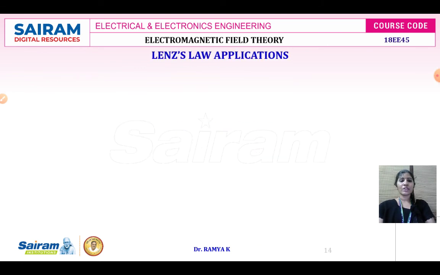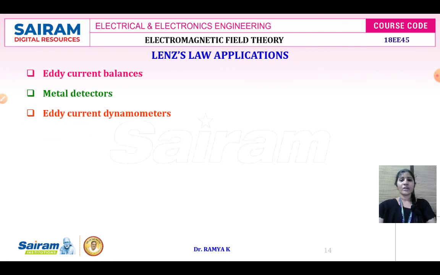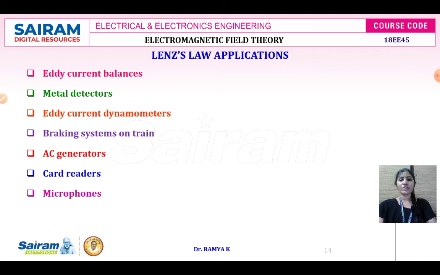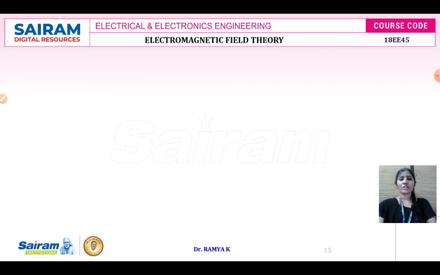Now we'll see some applications of Lenz's law. It is applied in eddy current balance, metal detector, eddy current dynamometer, braking systems on trains, AC generator, card readers, and microphones.